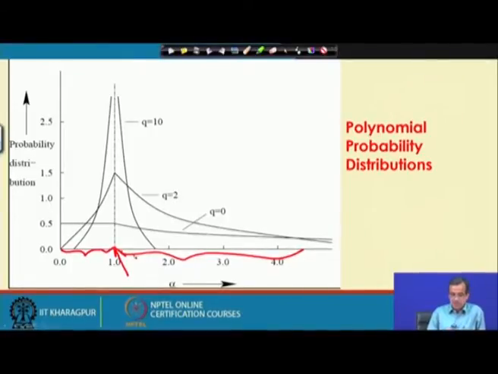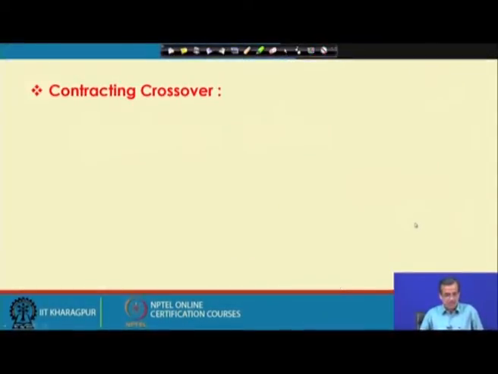Now, what we do is we try to define this polynomial function in a particular way, and I am just going to show the mathematical expression generally used for the contracting and expanding crossover, and once again I will go back to the figure.